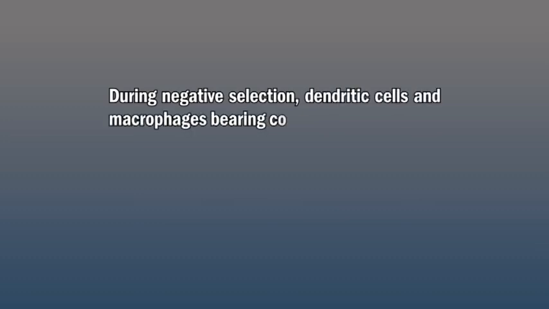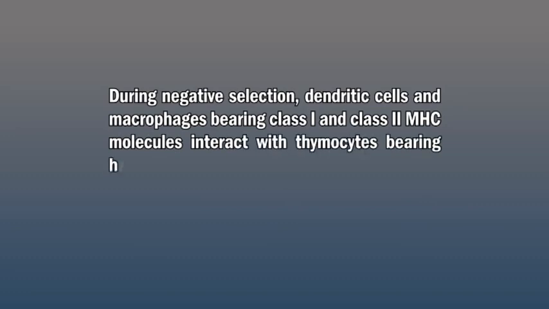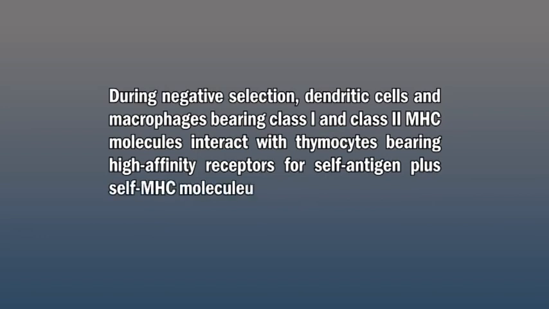The population of MHC restricted thymocytes that survive positive selection undergo negative selection by interaction with thymic stromal cells. During negative selection, dendritic cells and macrophages bearing class 1 and class 2 MHC molecules interact with thymocytes bearing high affinity receptors for self-antigen plus self-MHC molecules or for self-MHC molecules alone.